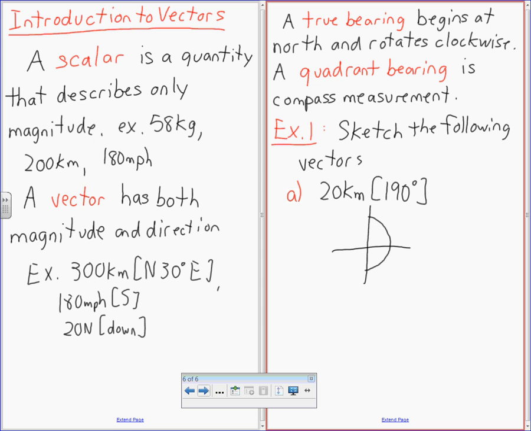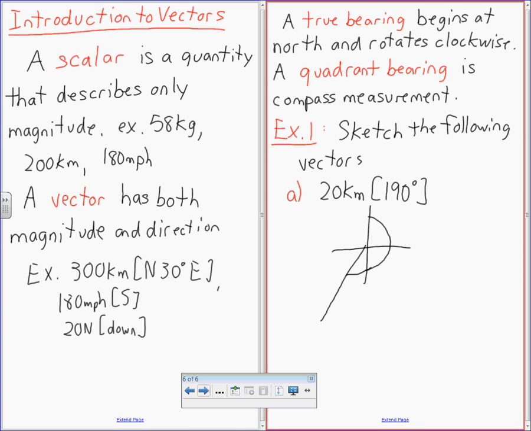If it's a quadrant bearing, wouldn't that be a true bearing? This is true bearing, yes. Well, for this one then, you go to somewhere around there.